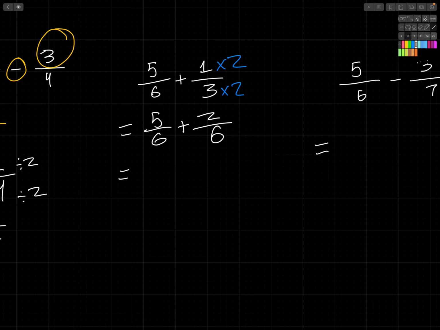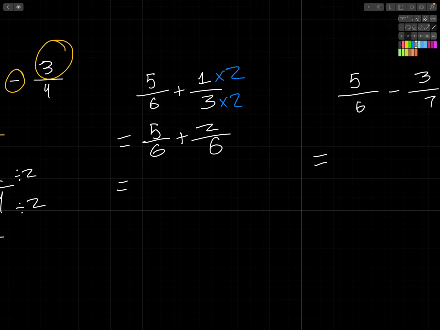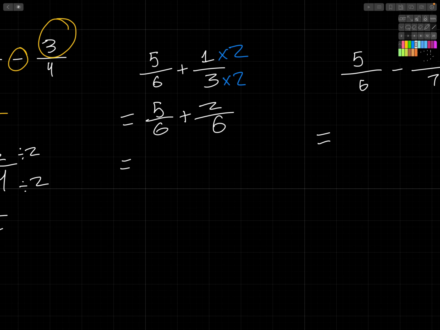Now you might be thinking, oh, let's just simplify this. No, because here we're trying to get the same denominator to add and subtract. In fractions, you want the same denominator. So you always simplify at the end once you've found the answer. So here we do the same now.